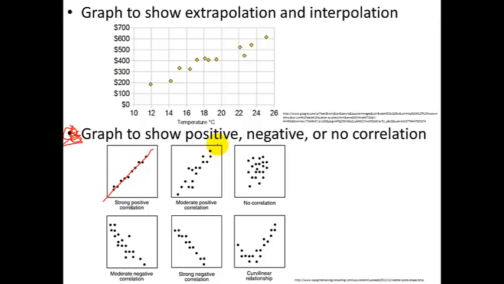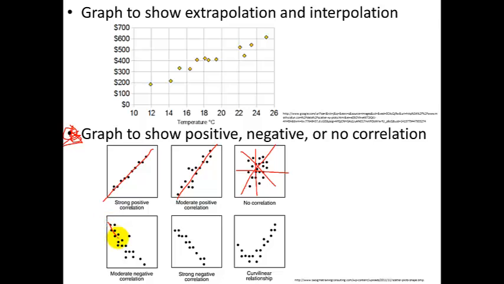Here, there's a clear upward pattern where as the x variable gets bigger, the y variable also gets bigger, but it's not quite as consistent. Sometimes you have points that are not following this pattern, but the overall trend is there. And here there's no correlation. I could draw a line this way, and you might think that looks good, but I could just as easily draw a line this way, or this way, or this way, and all of them have kind of the same look, like the dots are no closer to one line than they are to the other line. Now here's a negative correlation.